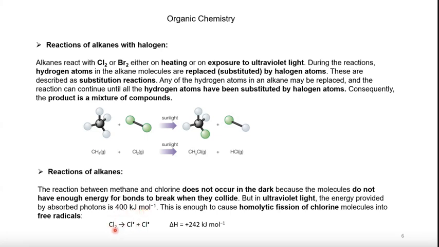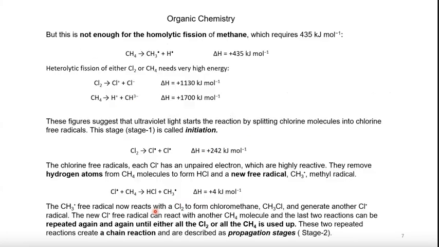With chlorine, homolytic fission needs 242 kilojoules per mole, so we get free chlorine radicals. We can also have homolytic fission of methane to get a methyl radical and a hydrogen radical. If we look at the homolytic fission of either chlorine or methane, we see that methane needs much higher energy.